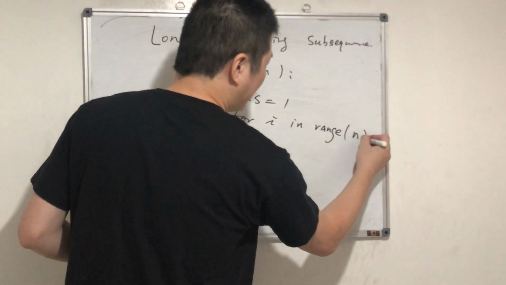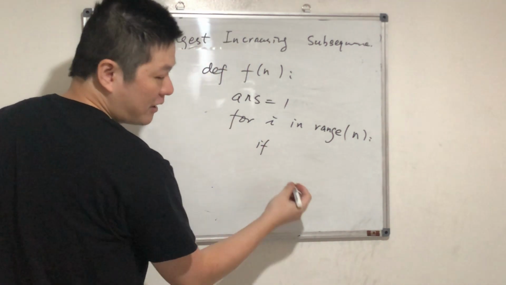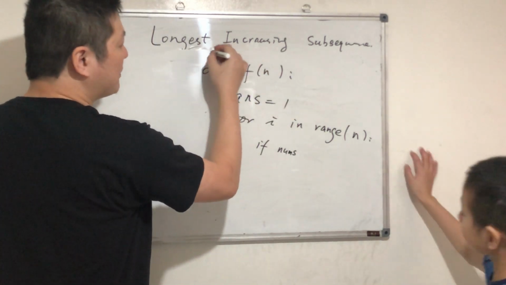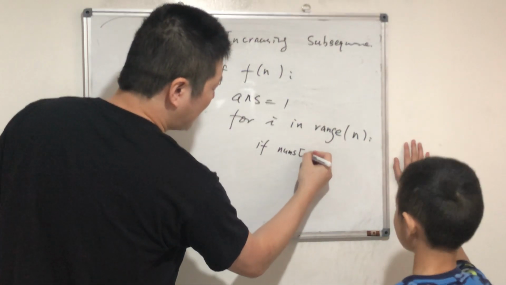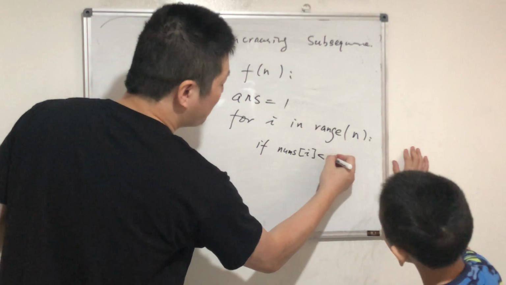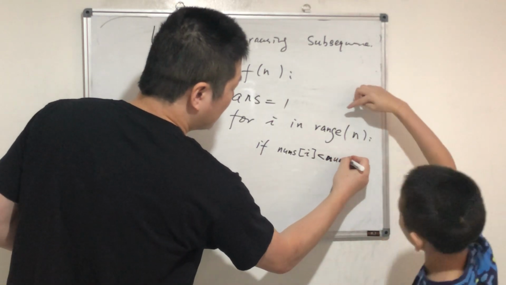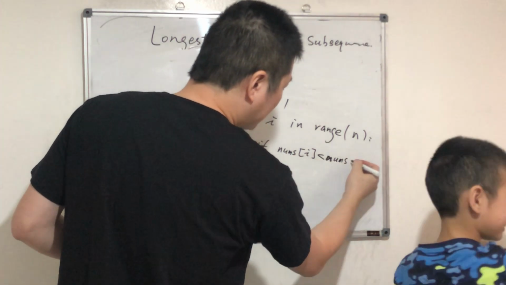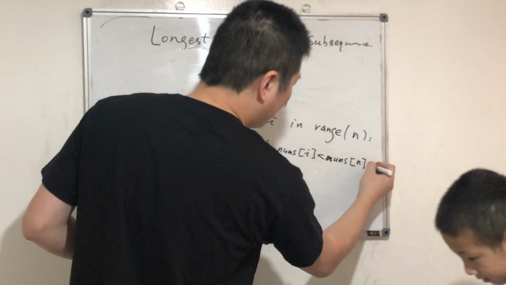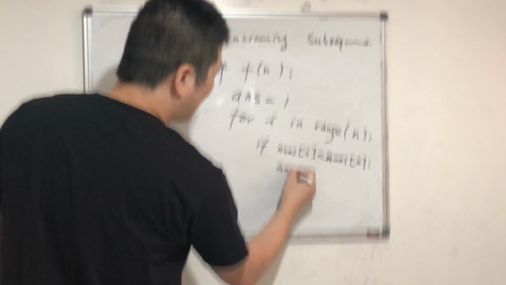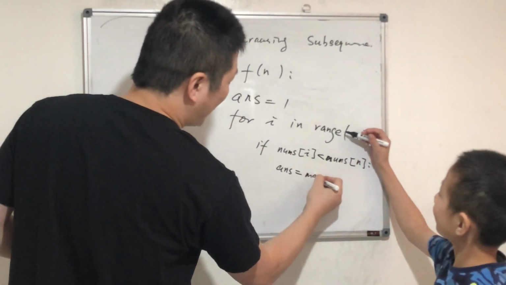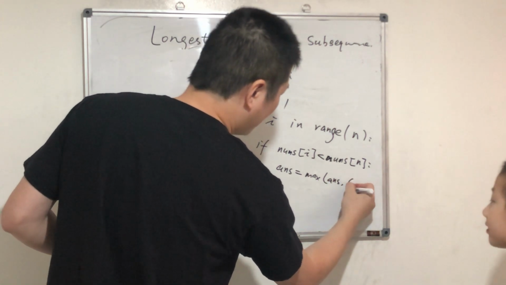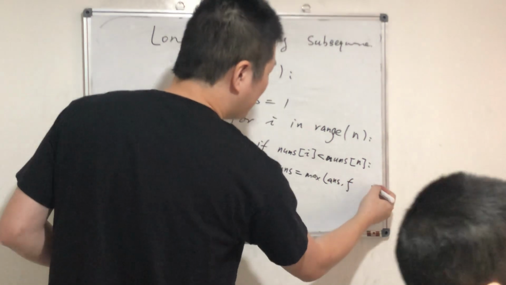So let's put the n here. If numbers i is smaller than numbers n, then answer equals max of answer and what? Not the cache yet.